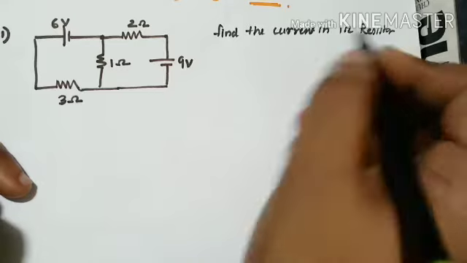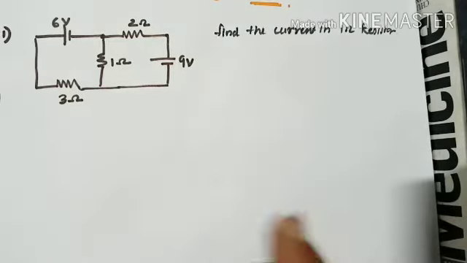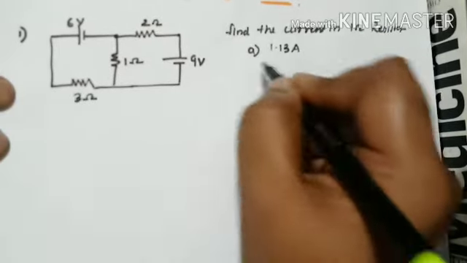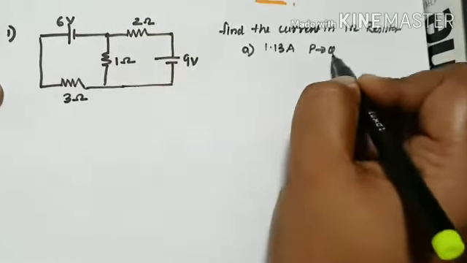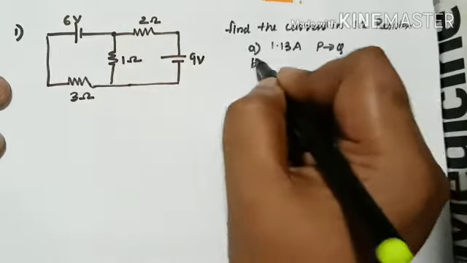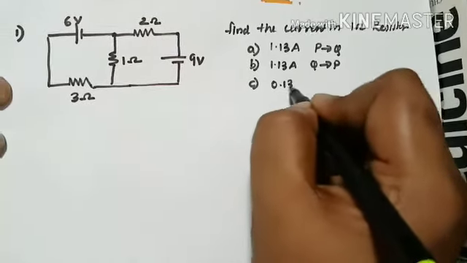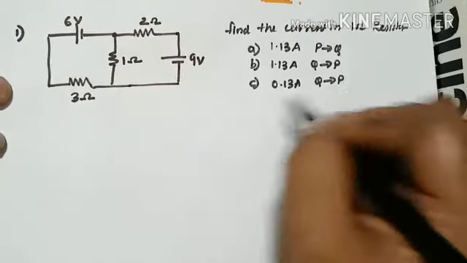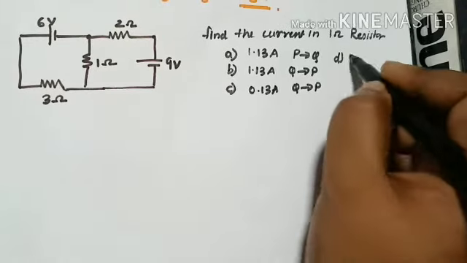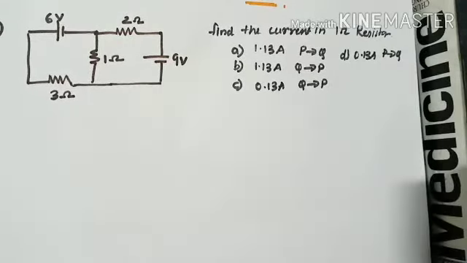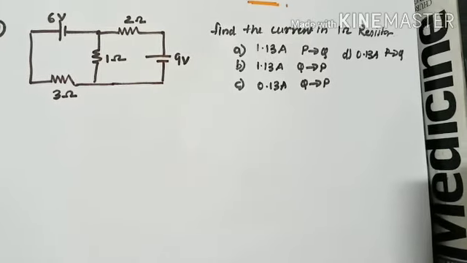You are asked what is the current in the 1 ohm resistor, and you are given option A, 1.13 ampere from P to Q, that is, you are asked the direction of current too. Then option B is 1.13 ampere, same, but the direction is from Q to P. And the third option is 0.13 ampere from Q to P, and option D is 0.13 ampere from P to Q. The 4 options are as given, right? Pause the video and try to solve by yourself, right?